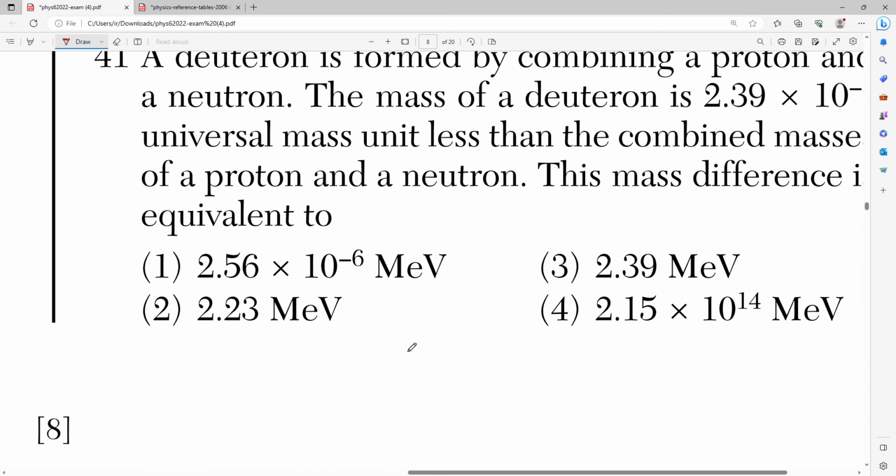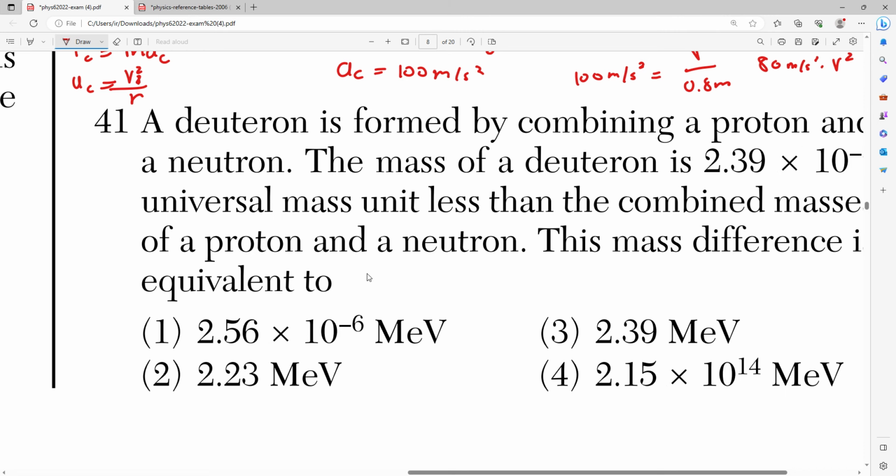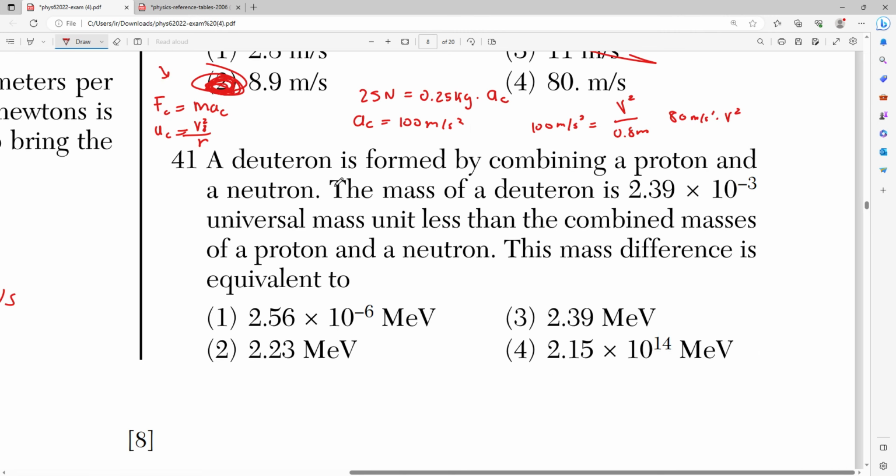That's it. Moving on to number 41, it says a deuteron is formed by combining a proton and a neutron. The mass of a deuteron is 2.39 times 10 to the negative 3 universal mass units less than the combined masses of a proton and a neutron. The mass difference is equivalent to what? So what they're saying is that this particle, which I'm going to write as a D, is equal to a proton plus a neutron.